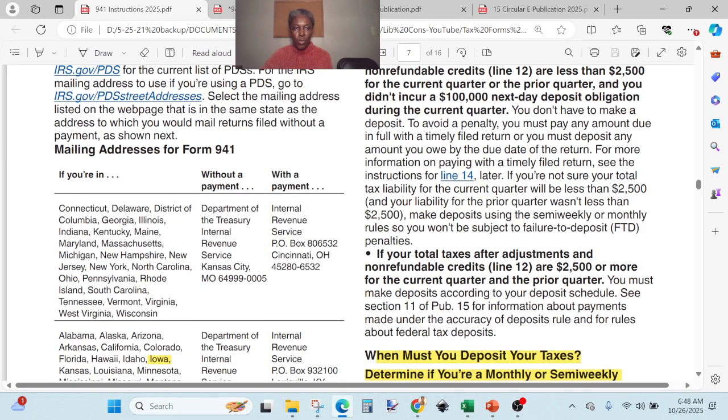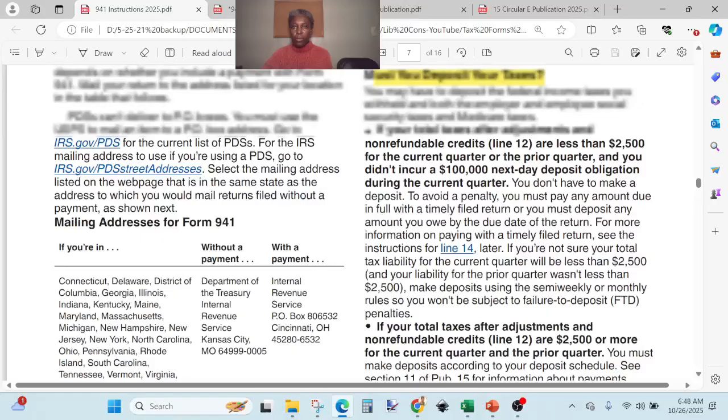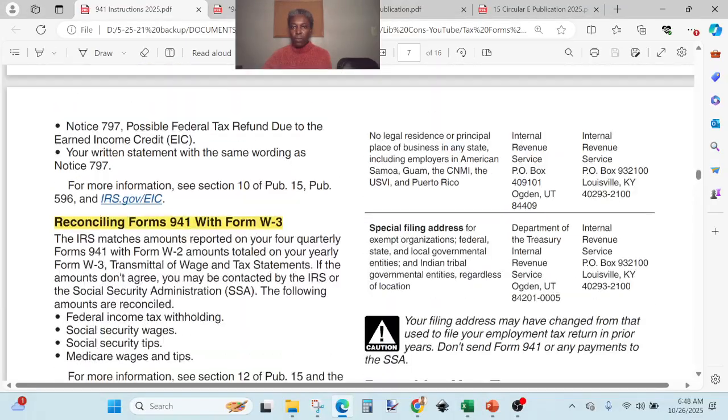If your state is on row 1, then you will mail your form with 0 tax owed. Therefore, no payment will be included in that envelope with the Form 941. You will mail your Form 941, those 2 pages, to the address listed for without a payment, for row 1 if you have your state listed there, and so forth.